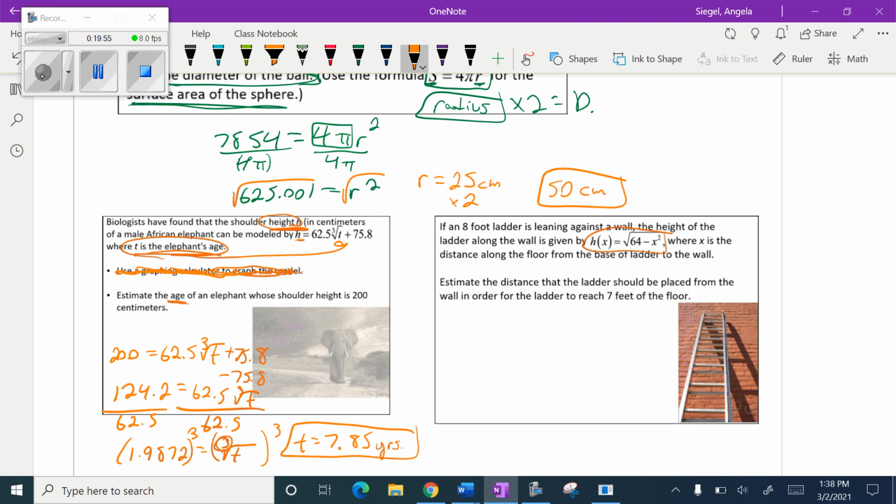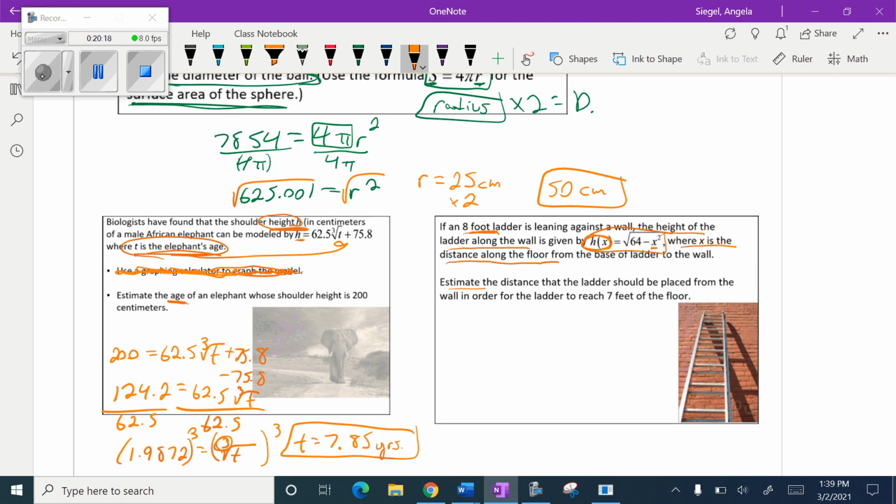Okay, let's do this last one here. So we have an 8-foot ladder. X is the distance from the wall. So we know that this is the distance. And then it says lean against the wall. The height of the ladder is, so this is the height. And what do we want to do?